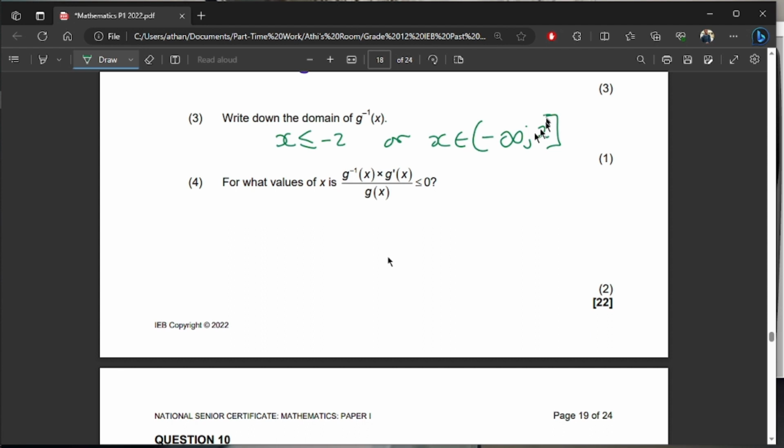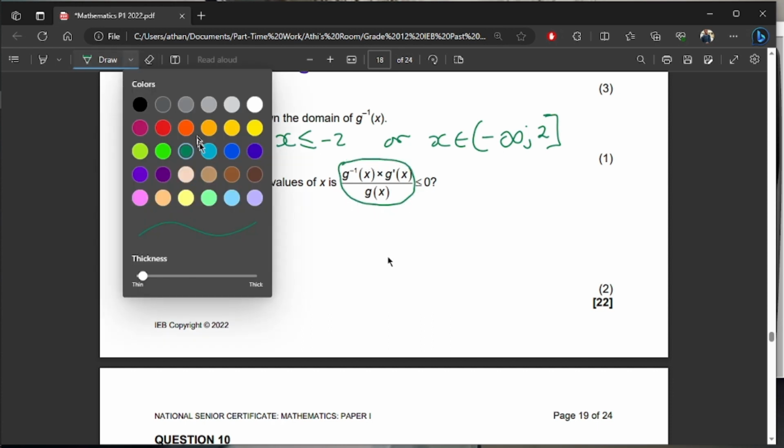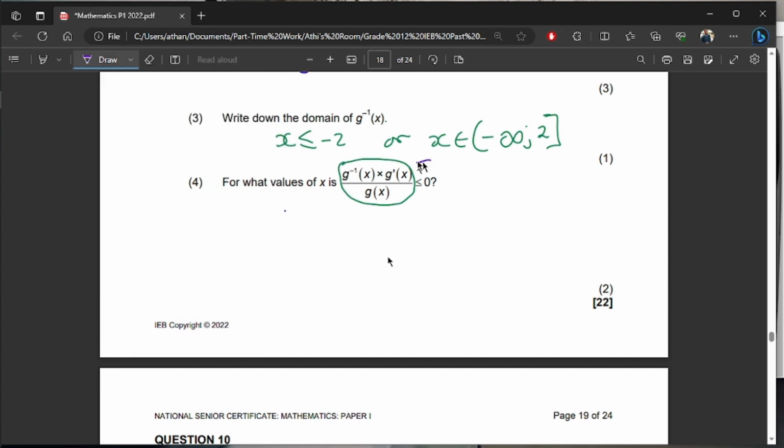Question 4, for what values of x is the inverse multiplied by the prime, the gradient divided by g, less or equal to 0? Guys, if you get a complicated question like that, take that part, let me use another color, the one that I've circled here, put it as y.